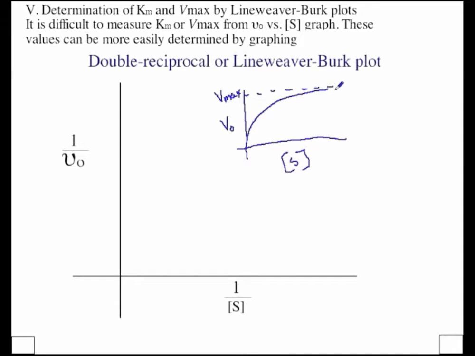That's true. It is. That's hard though. It's an asymptote, right? So we know it's approaching that forever, and so actually getting a value for that Vmax can be difficult at best.